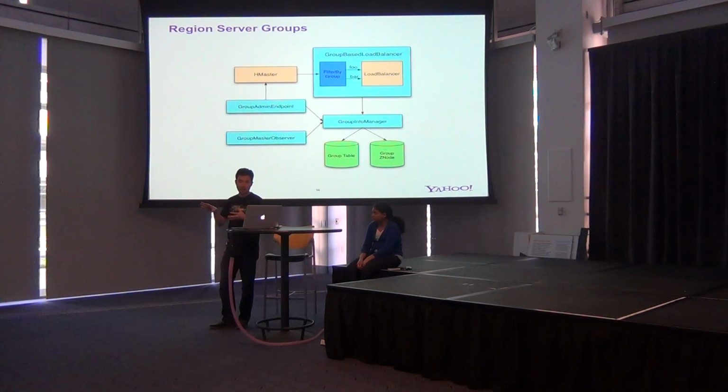That information is passed to the group-based balancer, which is what we wrote. Then that information is further grouped into servers that are part of the same group, and tables that are part of the same group. And that information is serially fed into the actual load balancer. So you're basically telling the load balancer to just balance this subset and give you the results. Then we combine those results and send them back to the master. This is how we guarantee that balancing.